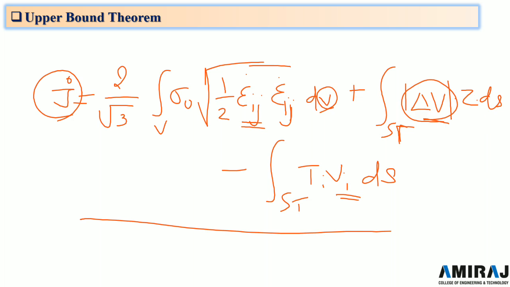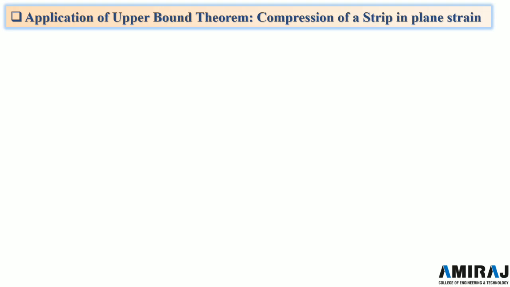So this is about the upper bound theorem, and let us discuss next the application of the upper bound theorem, that is the compression of a strip in plane strain. In order to illustrate the application of the upper bound theorem, we consider a simple problem, the compression of a strip in plane strain.